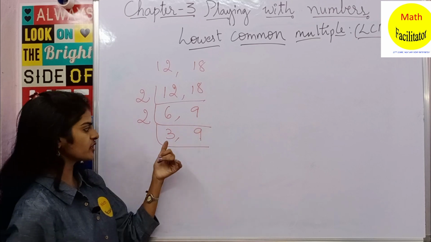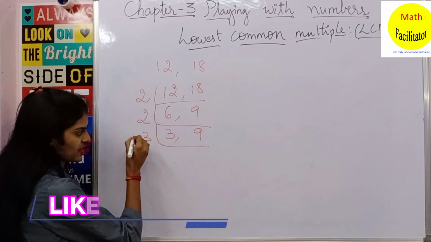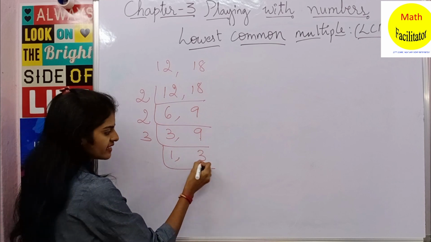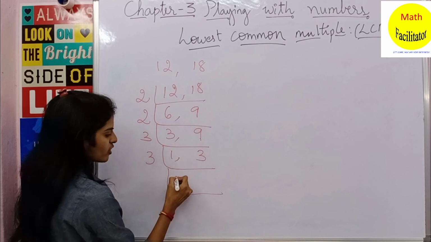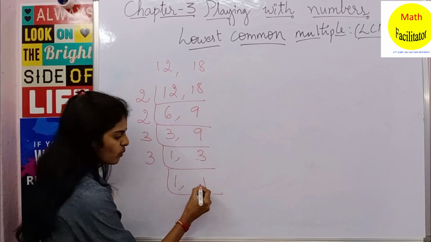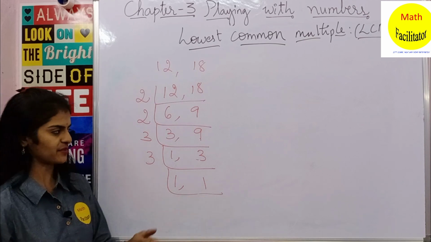Now 2 is not going to divide 3 or 9, so you go to the next prime number, which is 3. Now 3 divides 3 one time and 9 3 times. Again you can take 3, here it is already 1, so write 1 as it is, and 3 divides 3 one time. Now there are no more multiples, so you can stop here.